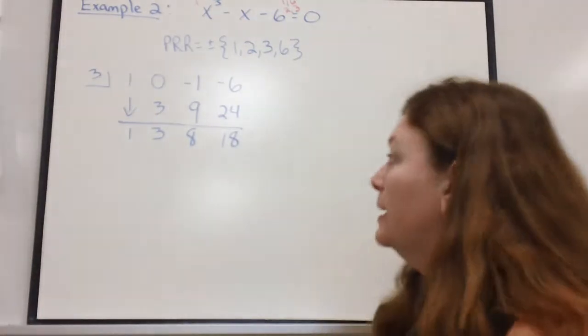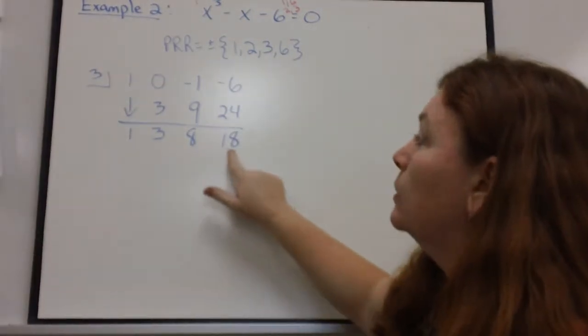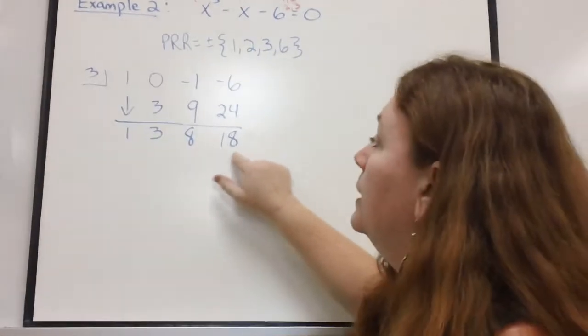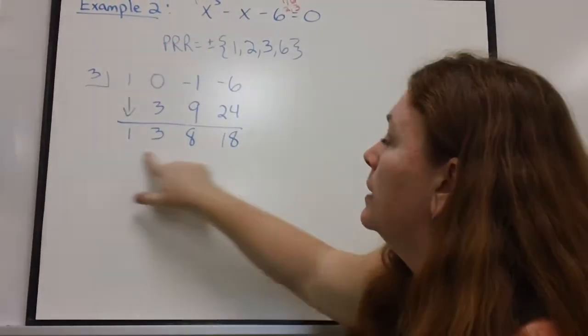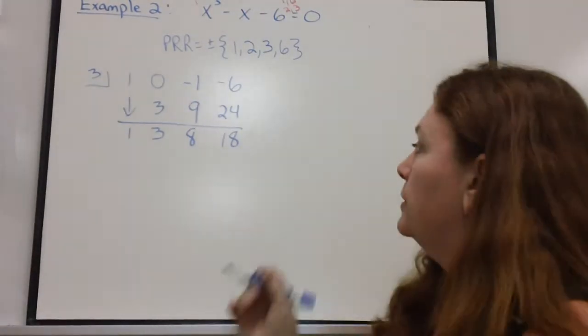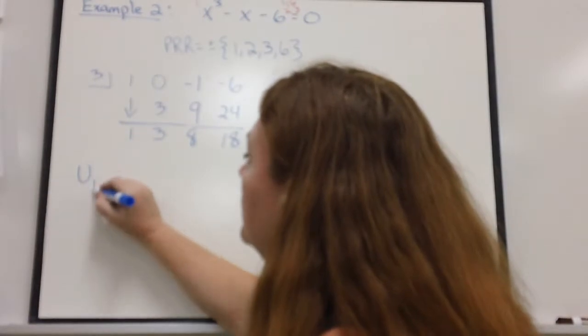However, notice in my answers, not only is it not a solution or a remainder of 0, all of my values down here have the exact same sign. This is what we call an upper bound.